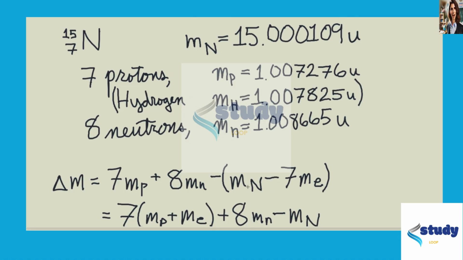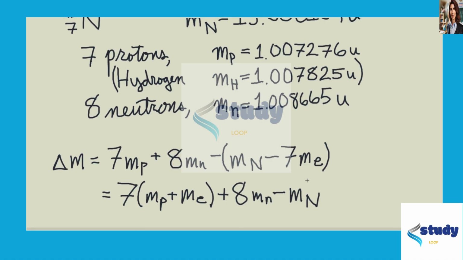But a crucial thing to remember here is that part of the mass of this nitrogen isotope includes the mass of the electrons. So we're going to have to account for those in order to find a proper change in mass.